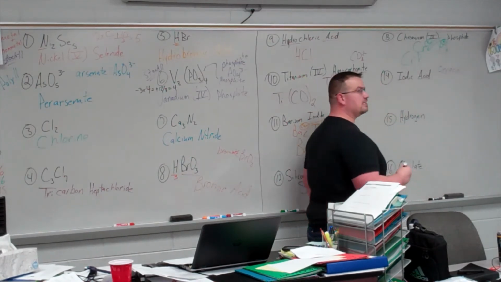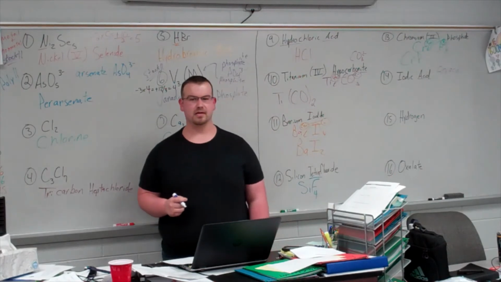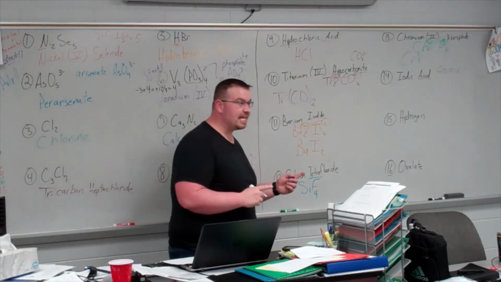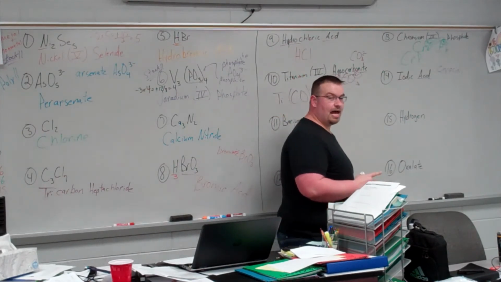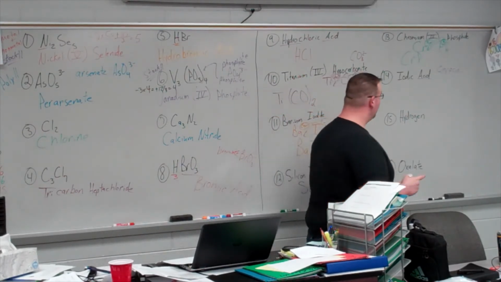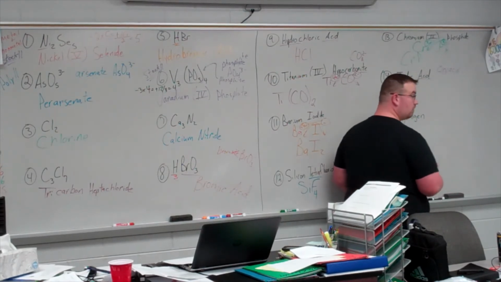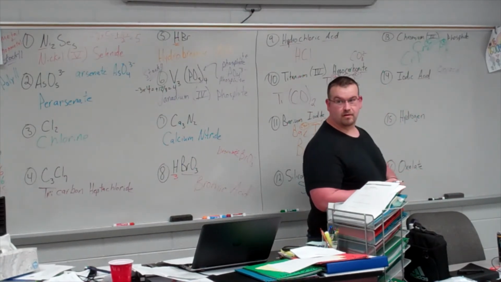Whenever I'm dealing with an oxyacid, here's what I like to do: do the reverse. We need the oxyanion. Make sure to make the distinction that it's not a binary acid with hydrogen in the front.